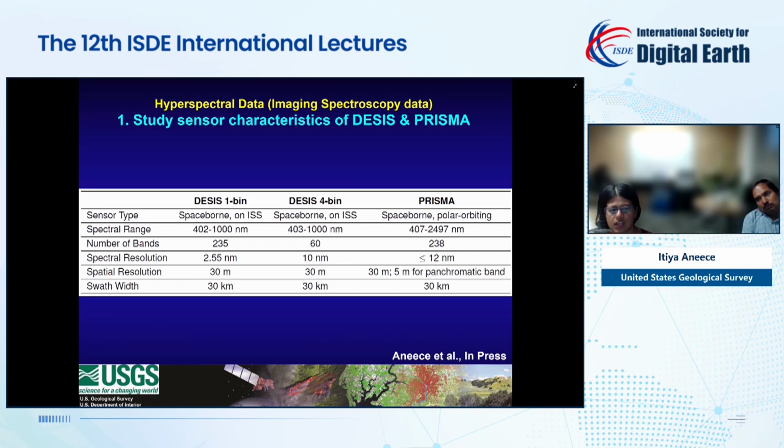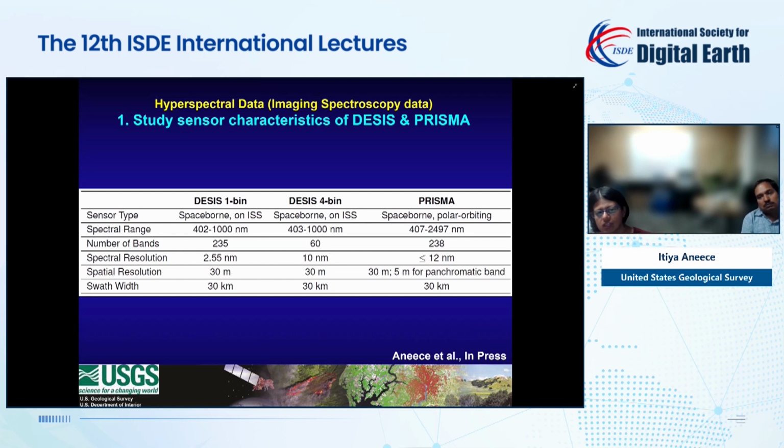The original DESIS data are in a one bin product, which means we have 235 bands of data, with each band being about 2.55 nanometers in bandwidth. This is in comparison to PRISMA, which has 238 bands, but a bandwidth of 10 to 12 nanometers. All of them have 30-meter spatial resolution and swath widths of 30 kilometers.